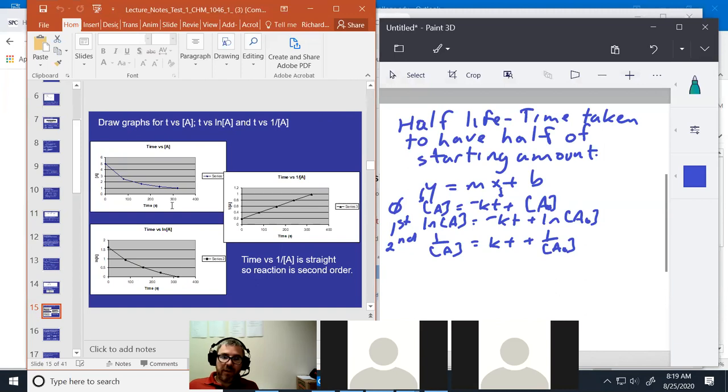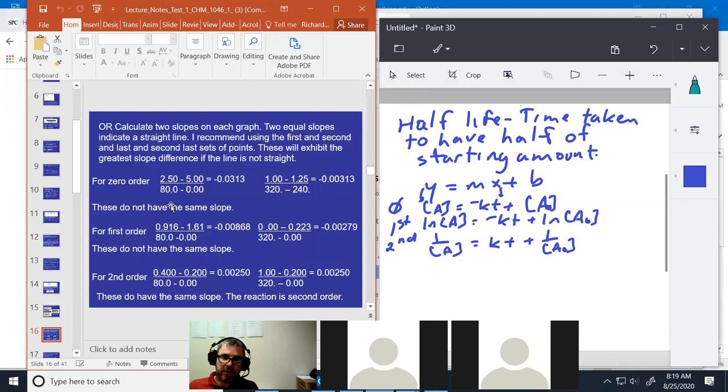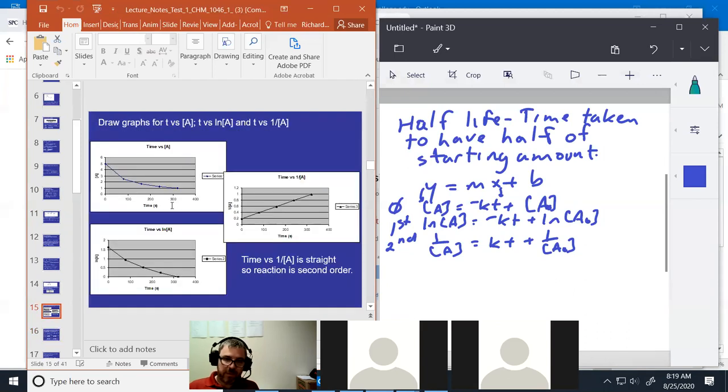So obviously, most people aren't real fans of doing graphs in order to get this kind of answer, because it's a bit time consuming to have to draw a graph for everything. So we're looking for a slightly easier way, perhaps, to figure out what the order of the reaction is. One way we can do that is we can take the slopes of a couple of points.